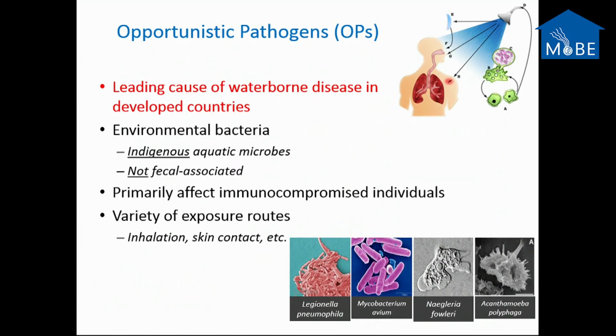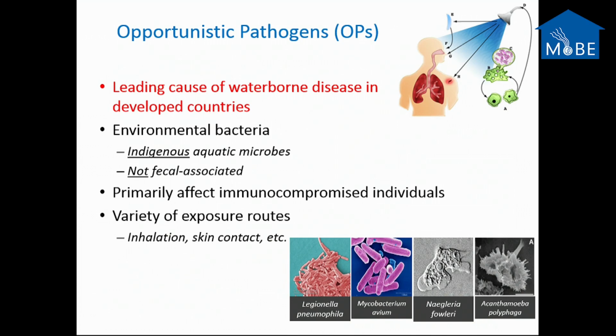And most of these microbes are completely harmless as far as we can tell, but there are definitely some bad actors that we worry about, and especially these opportunistic pathogens like Legionella and mycobacteria. And in the US and most developed countries, these are now the leading source of waterborne disease outbreak.